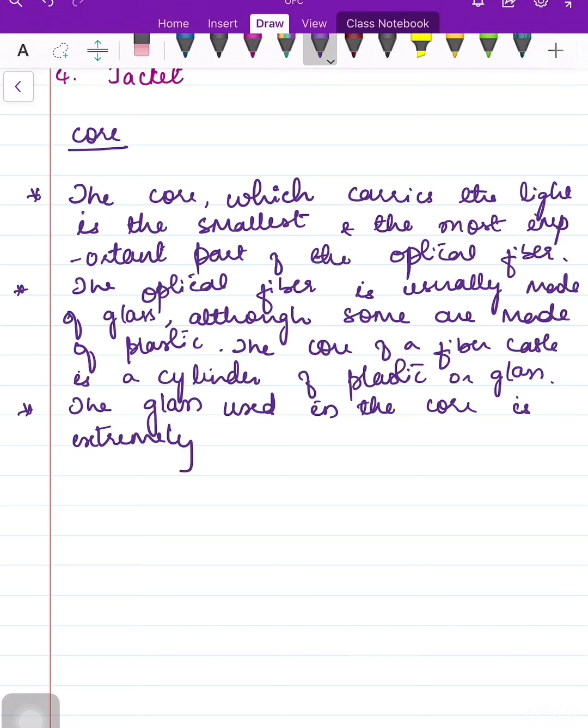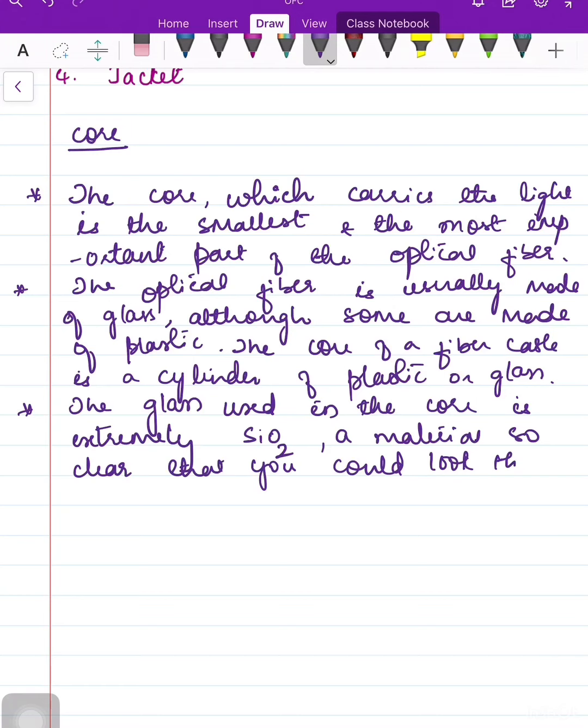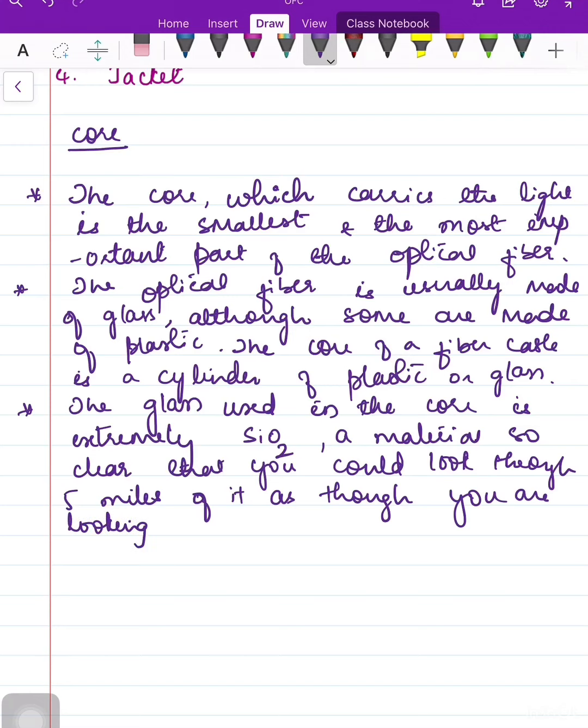It is a material so clear that you could look through 5 miles of it as though you are looking through your household window. It's so clear. What he wants to say is it's very clear.